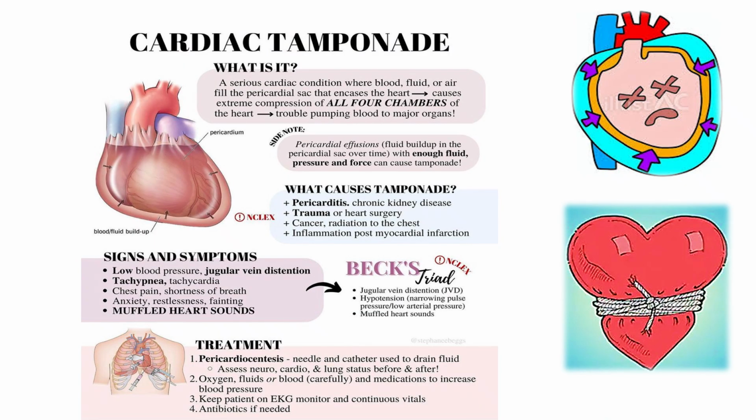Now, you do need to start CPR, but in order for that CPR to work, you need to do a pericardial window at the same time. You need to drain the fluid from around the heart. That has to happen in order for CPR to work as a pump.